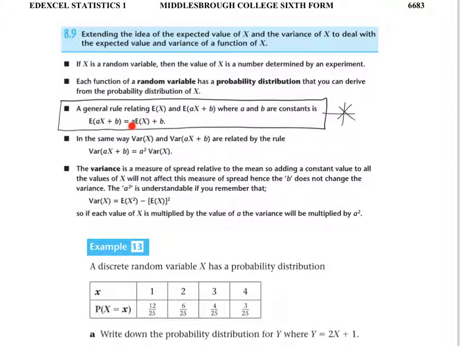We take the a out, we multiply E of x by whatever the number a is, and then we add on b. In exactly the same way, there is a formula for the variance, but with the variance we forget about the b, and you've got to memorise these. They are not given.